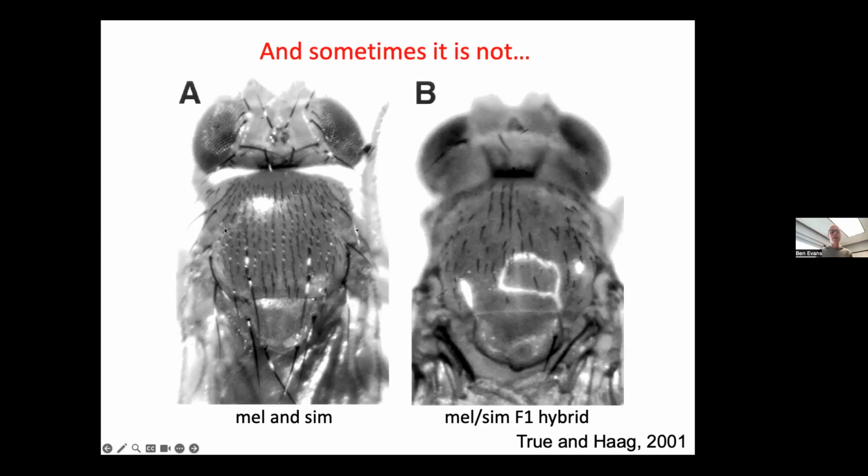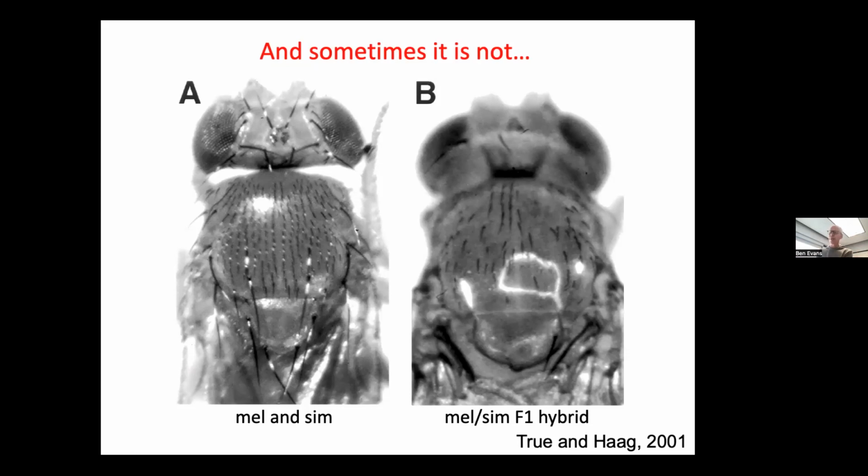If you look at the thorax, you'll see these bristles that basically look indistinguishable between these species. But when you make a hybrid of these two species, you can see that the bristle formation is aberrant, meaning that when you have the genes from each of these parental species put together in a hybrid individual, they don't work well together, and they cause abnormal bristle formation, even though the phenotypes in both parental species are actually indistinguishable.